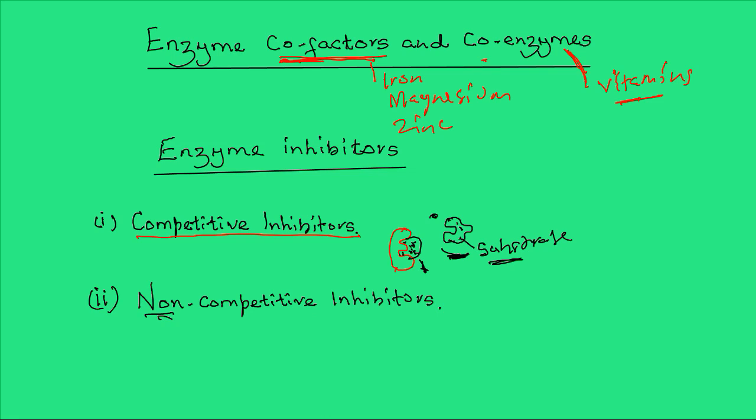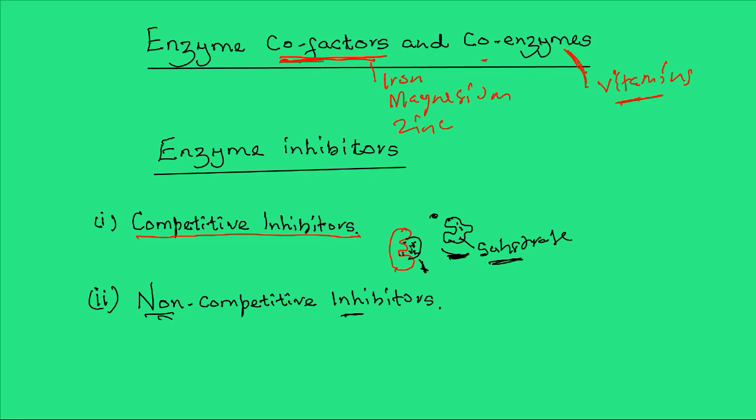As more and more active sites are blocked permanently by the inhibitor, the rate of reaction slows down and eventually the reaction may stop. You see, in non-competitive inhibition, the inhibitor does not really compete with the substrate because it stays in the active site permanently. It actually destroys the enzyme.